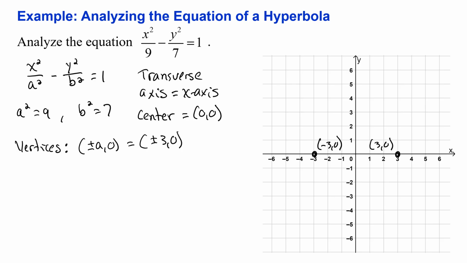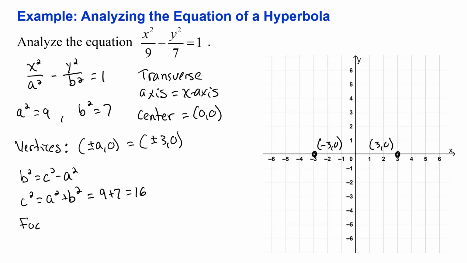All right, now let's find the foci. So we know that b squared is equal to c squared minus a squared, or c squared equals a squared plus b squared. And since a squared equals 9 and b squared equals 7, then we have c squared is equal to 9 plus 7, which is 16.